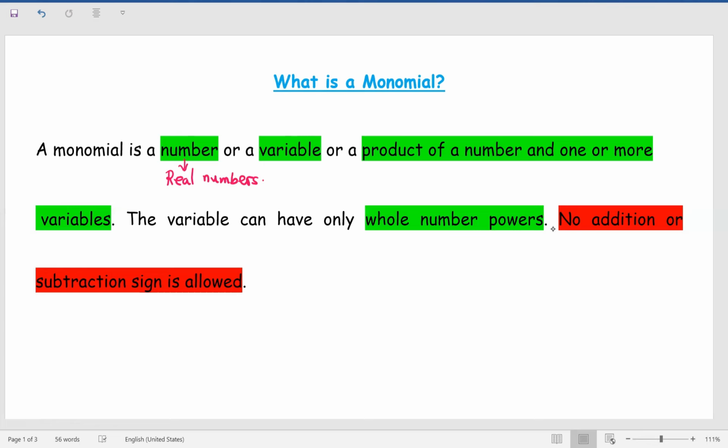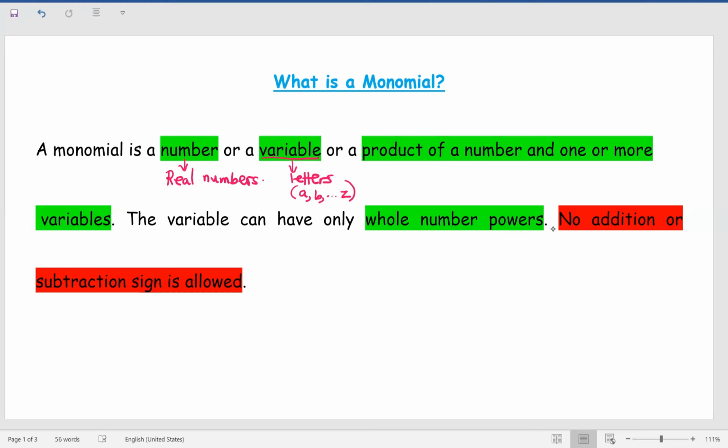So it can be any number. Then also, it can be a variable. When we say variables, here we mean the letters of the English alphabet. Let's say A, B, C, D, up to Z.